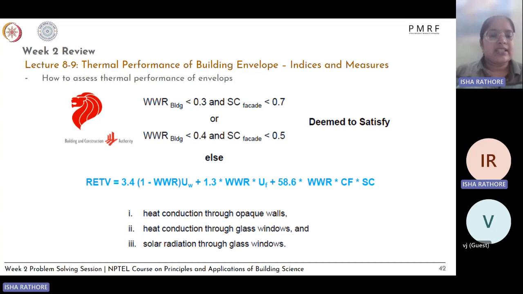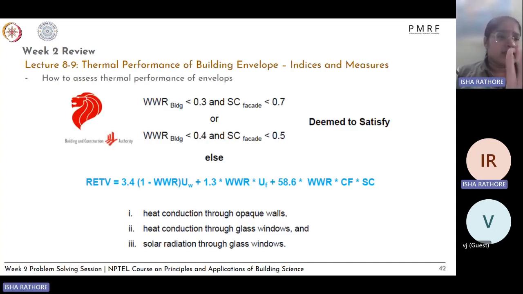It looks up at three things: the heat conduction through your opaque walls, then heat conduction through your glass windows, as well as the solar radiation through your glass windows. So this first component is based on your opaque walls.